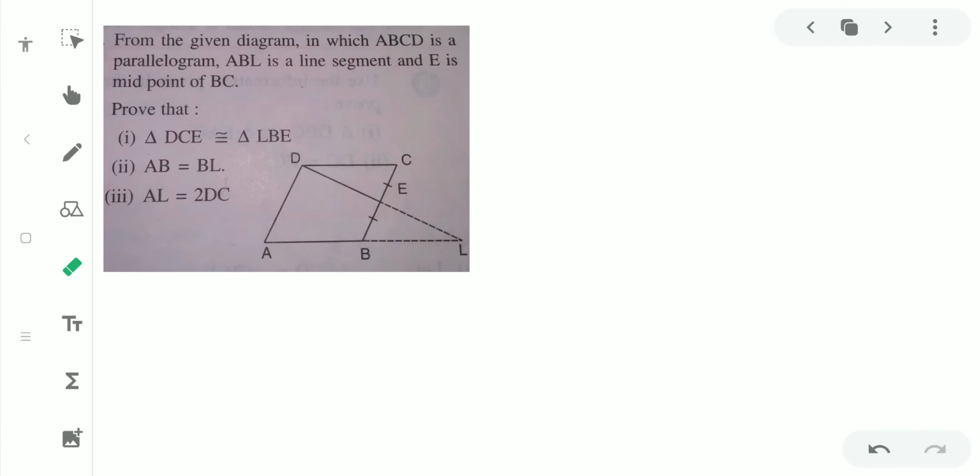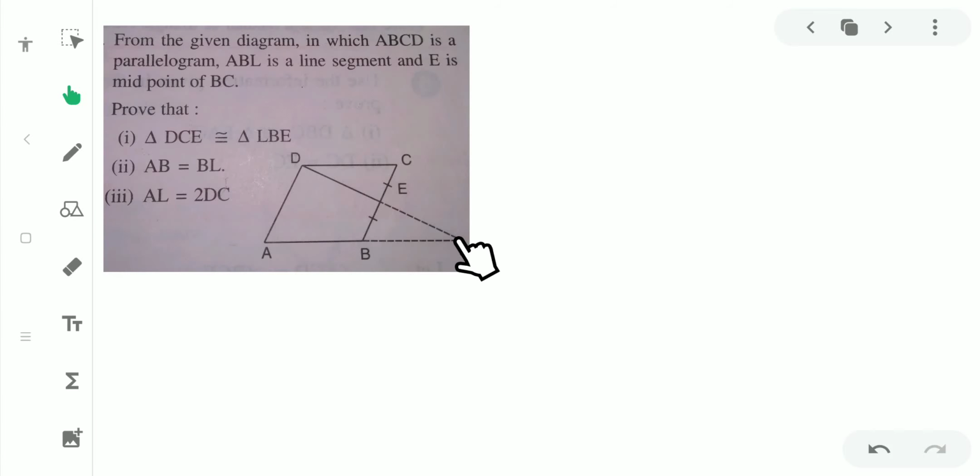So the question is on your screen. Here a diagram is given in which ABCD is a parallelogram. I hope you know what is a parallelogram. Parallelogram has opposite sides equal and opposite angles equal. So that you will come to know in the question. For now, just remember that ABCD is a parallelogram.